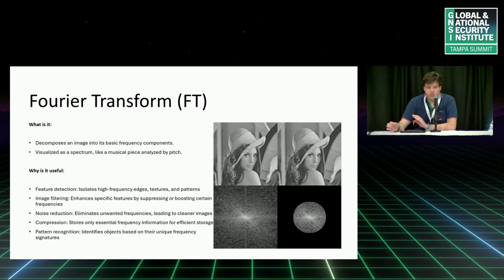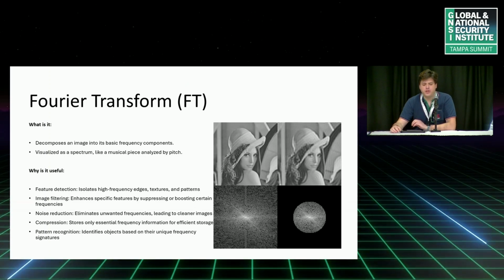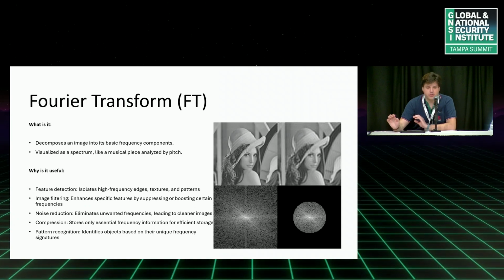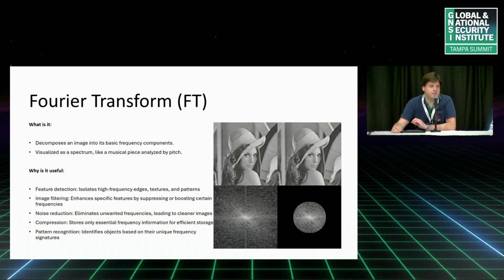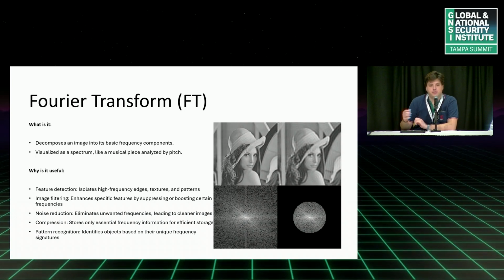Is it useful for computer vision? Of course. Feature detection relies on that as well. We can isolate many of those frequencies in images to identify some features and use them in CNN networks. We use that for image filtering as well, as high and low frequency spectrums. They convey different types of information.